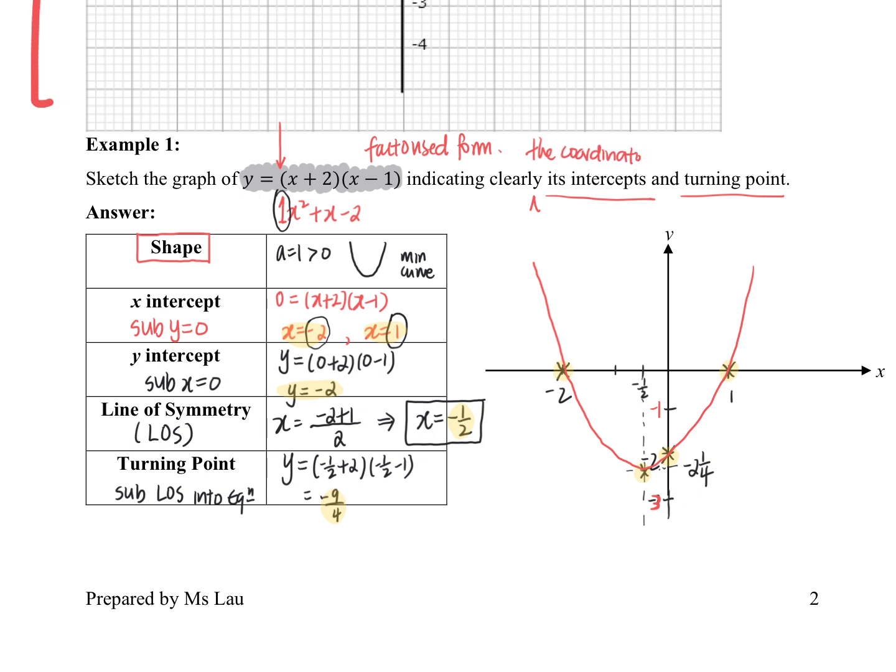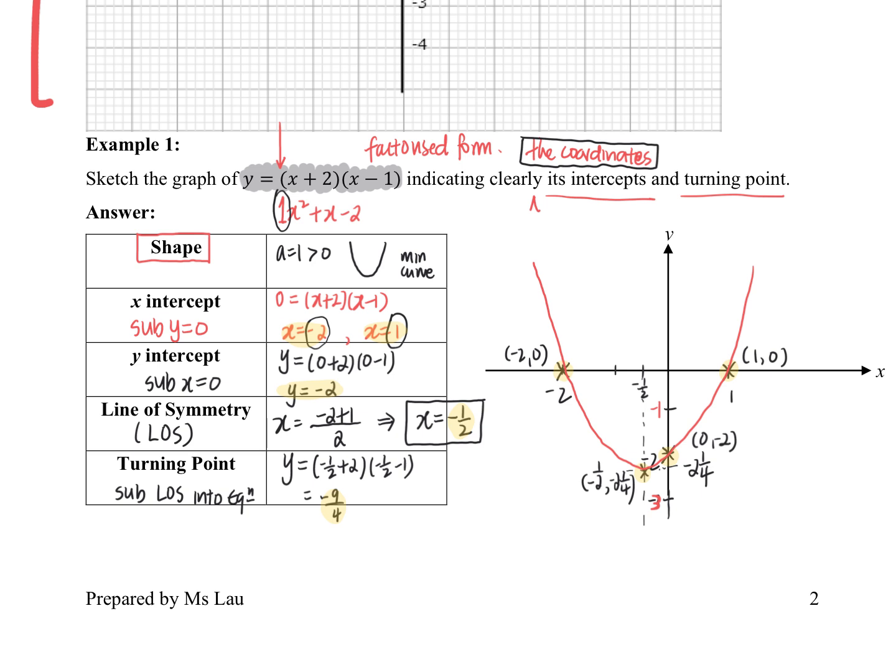When they say that, you got to write down the coordinates of all these points. So this is 1, 0. This is -2, 0. This is 0, -2. And then the turning point here is this. So you read the question carefully. Sometimes they require to write down the coordinates. Otherwise, they just need you to write down the points where it cuts.